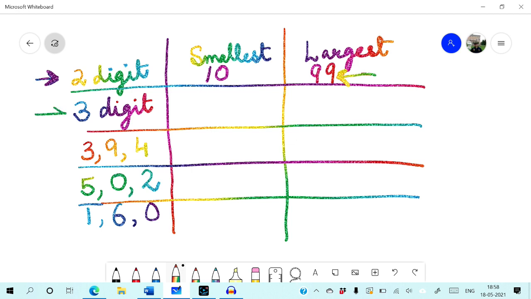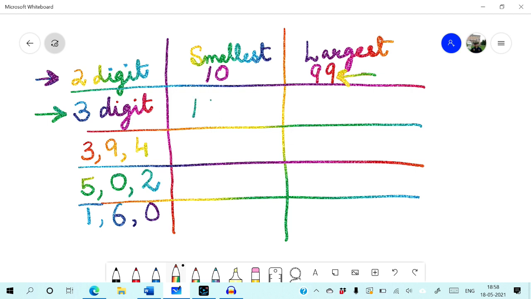Now we have to write smallest 3-digit number. We have to use smallest 3 digits. Now we will write the smallest 3-digit numbers. For writing smallest 3-digit numbers, we will use 1 and 0.